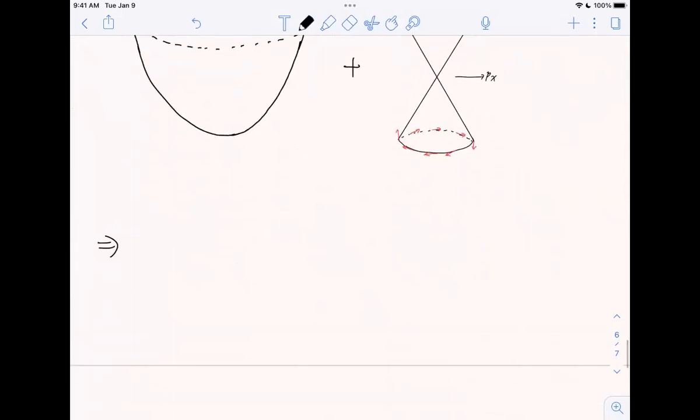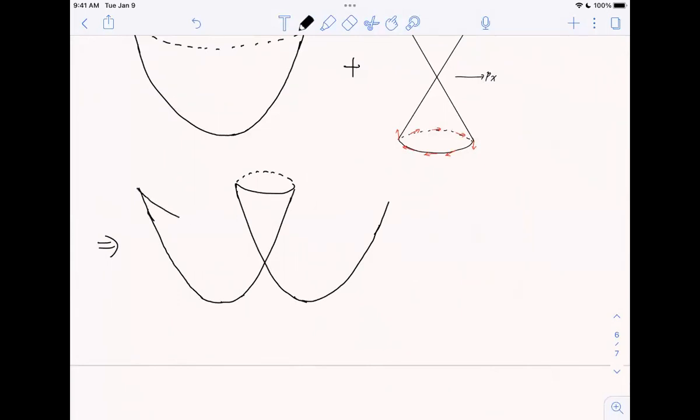I guess something like this. Then you have this, and then you have this.